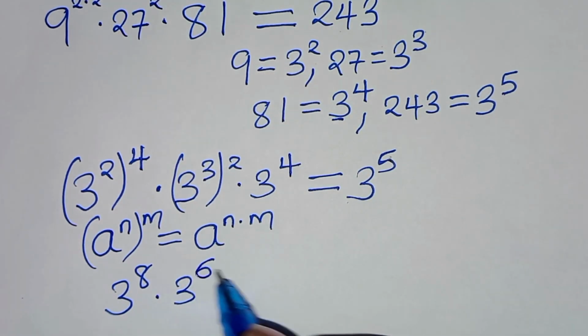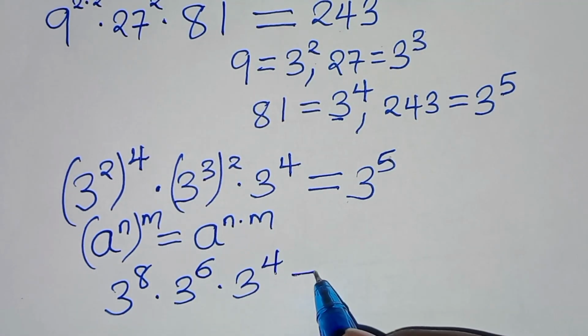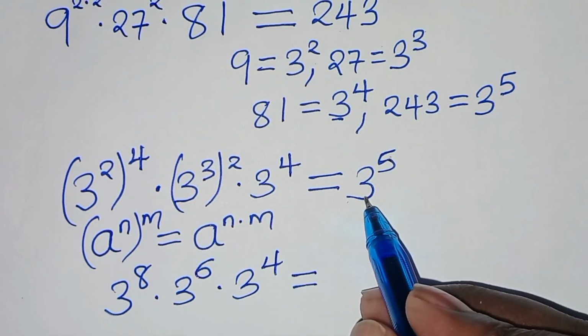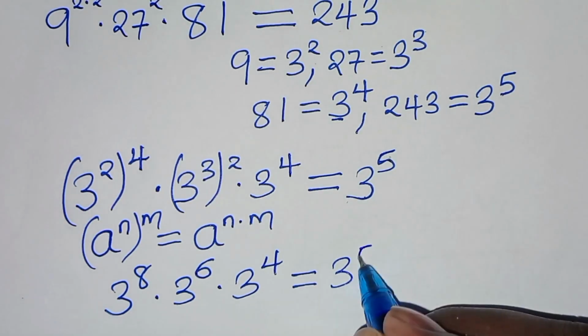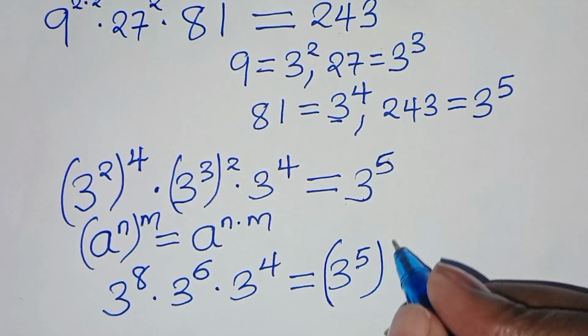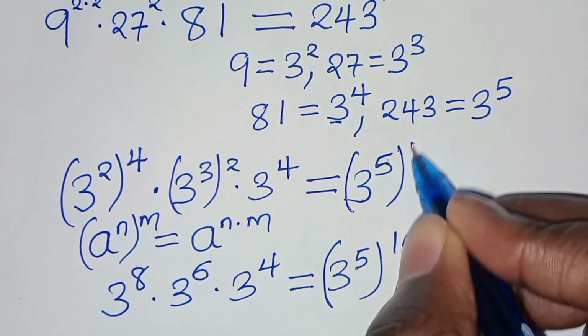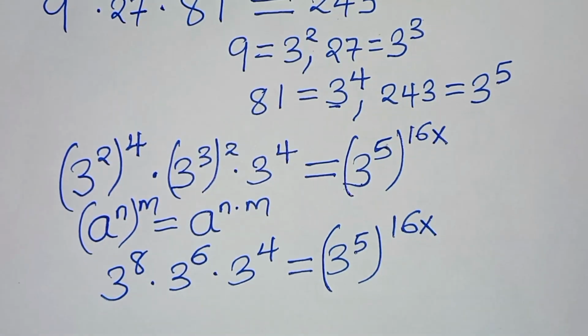This is equal to 6. Then times 3 to power 4. This is equal to 243, which is 3 to power 5, then raised to power 16x.